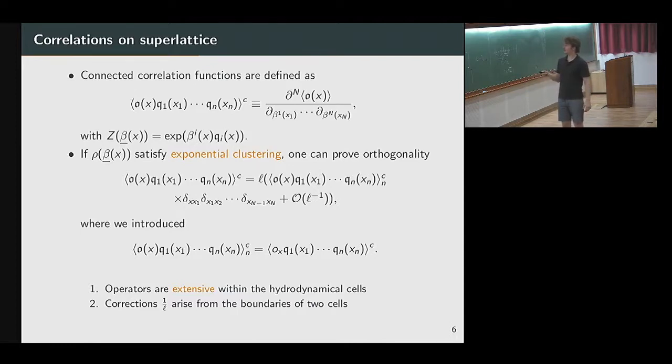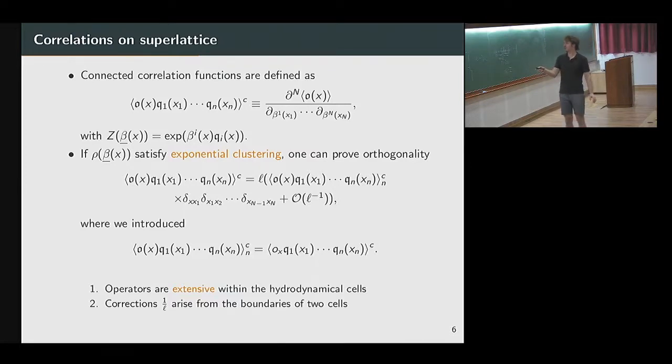And one can show that basically an n-point connected correlation function gives you something which is finite and is placed in the same hydrodynamical cell. So for instance, if we have here x1 not equal to x, then this will give us 0, and we'll only get contributions which are constant, maximally constant, because there is L here. But if we have overlapping of all operators in a single hydrodynamical cell, we get something that is proportional to the volume of this cell.